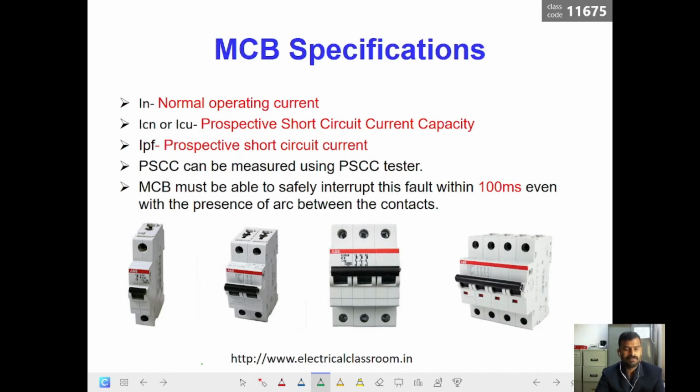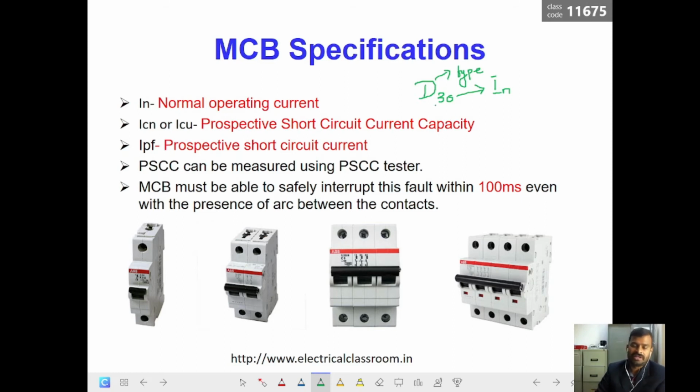If I say B6 or C10 or D20, then the number, like 20, is the IN. If I have a D30 MCB, this 30 means the normal operating current, and D is the type. So it is a D type, and the normal operating current is 30 amperes.